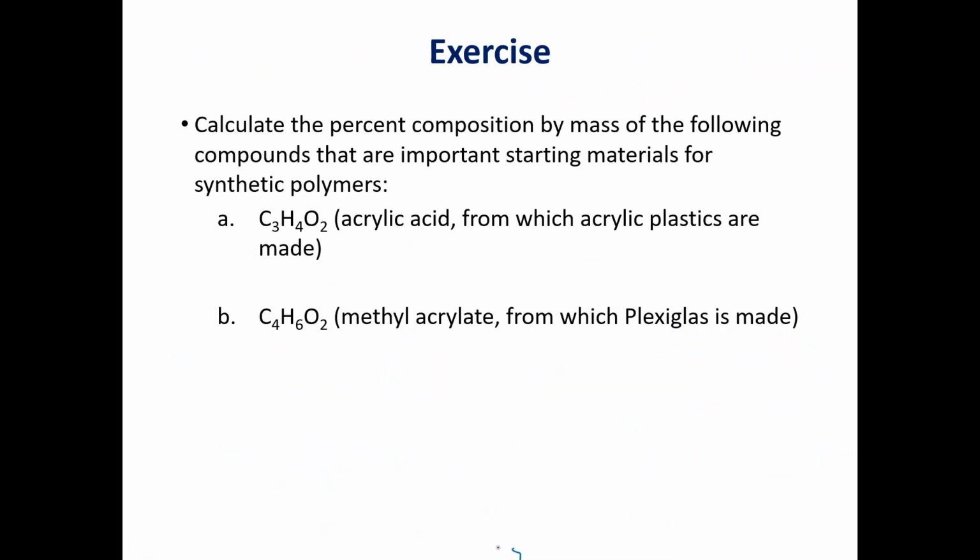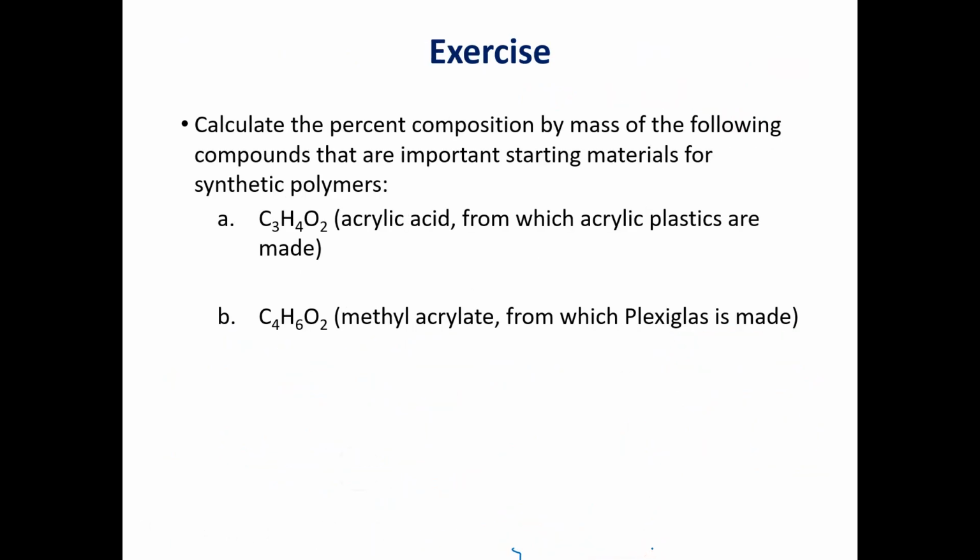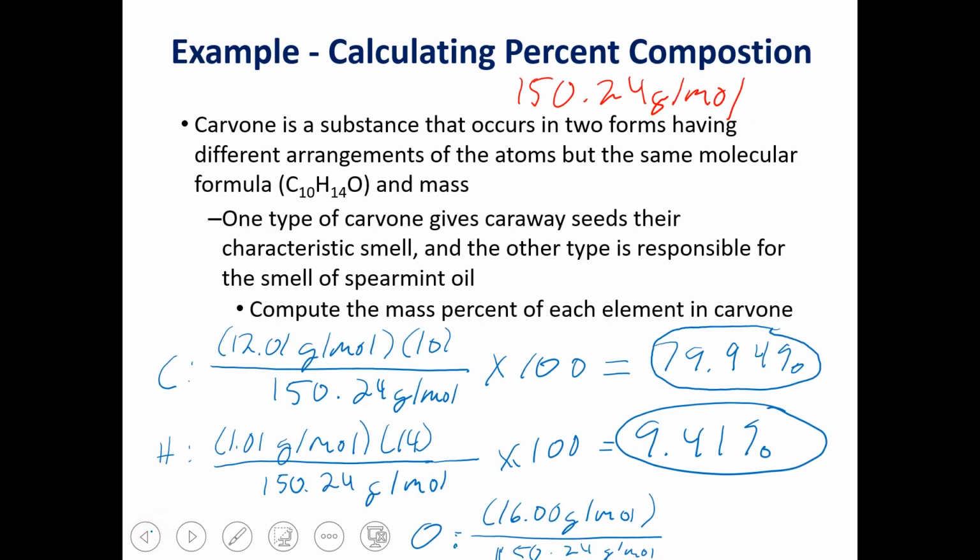We divide by 150.24 grams per mole and multiply that by 100 to make it a percentage. I'm not going to write the times 100 since I'm running out of space, but divide 16 by 150.24 and multiply that by 100. You should come up with 10.65%.